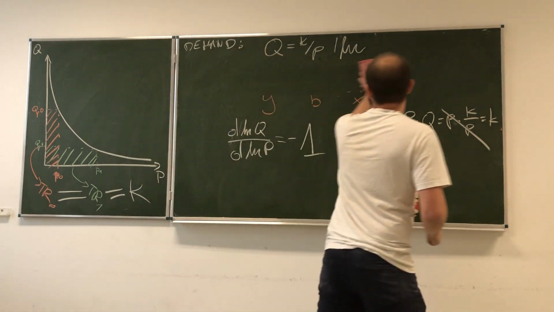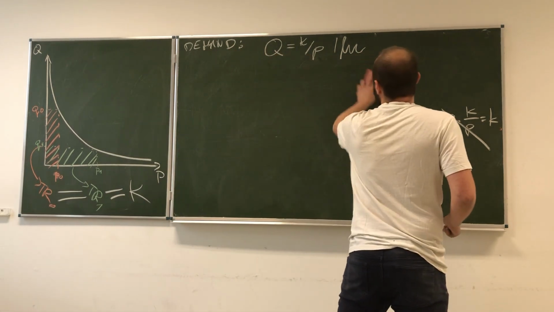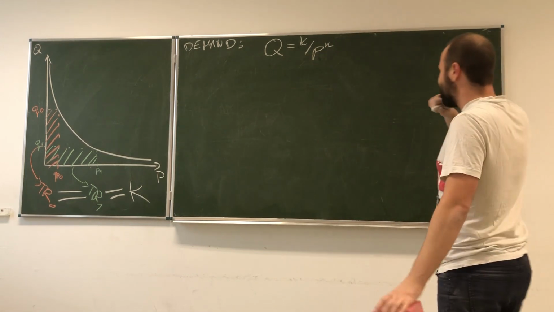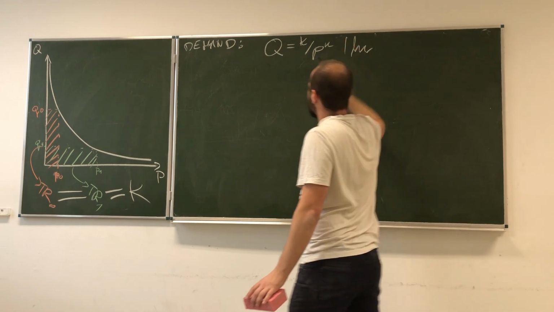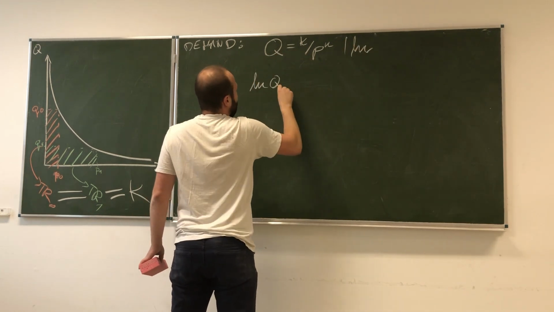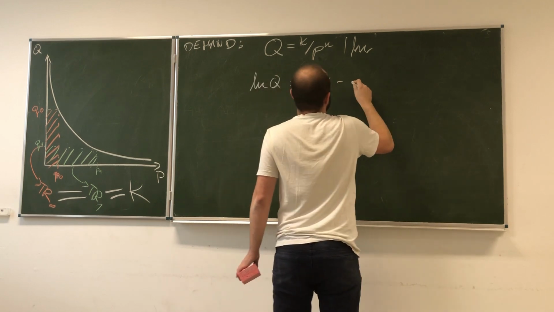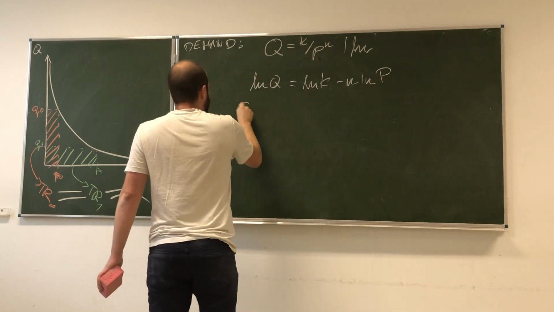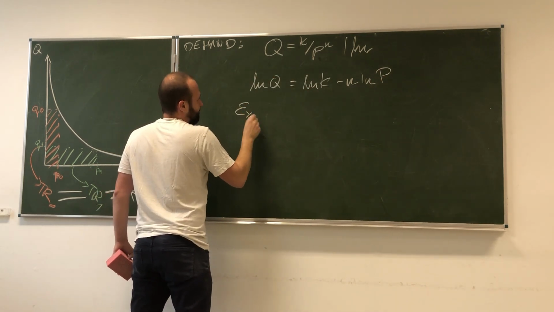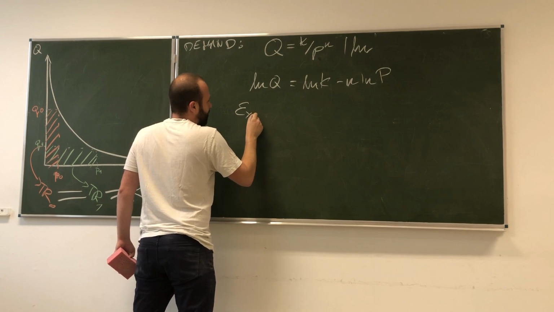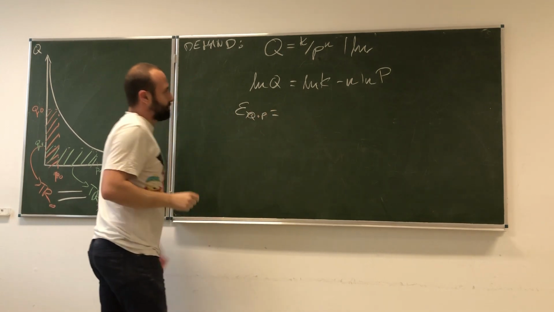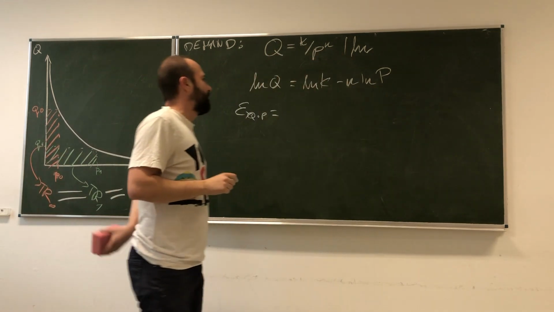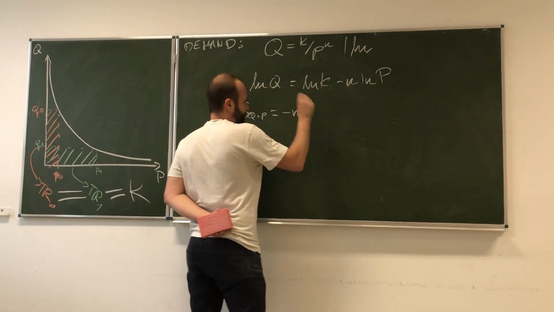Imagine that we have the same problem, but now we've got p to the power of n, right? So if I logarithmize both sides, I get ln q equals ln k minus n ln p. Again, price elasticity of demand is equal to the derivative of ln q with respect to the derivative of ln p, which gives us -n.